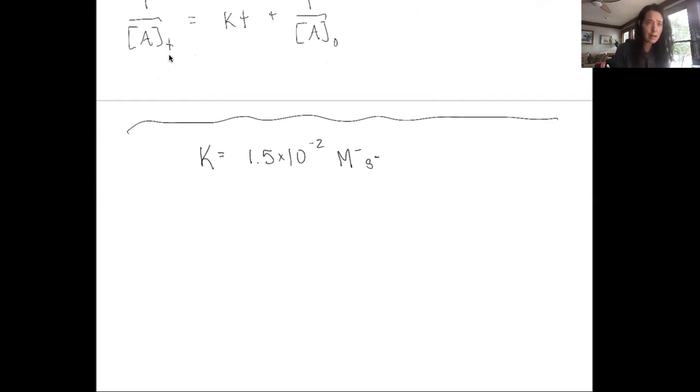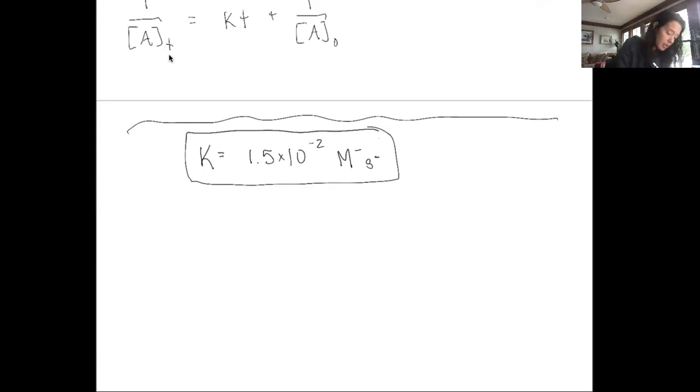Now, couldn't I look at this and from this know the order of the reaction? Yeah, because these are the units of a second order reaction.